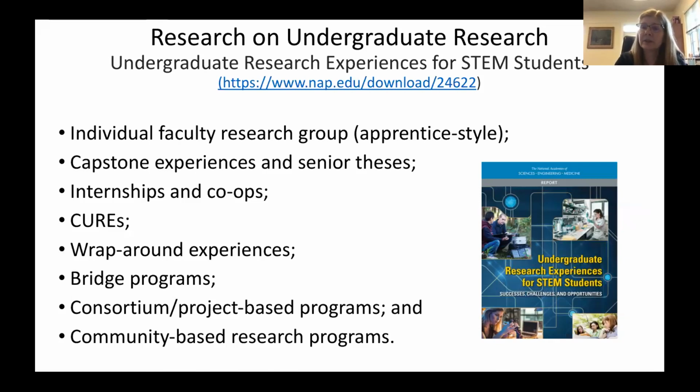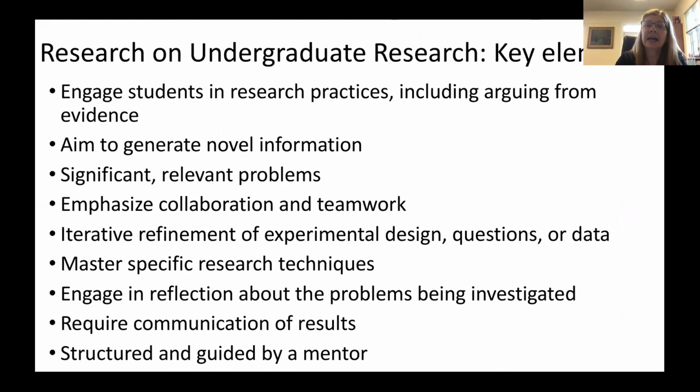And I'd really encourage your group to take a look at the report. You can see from this list that there's a whole range of research experiences, not just the traditional approach. And the beauty of the report is they identified what key elements go into a high quality experience.